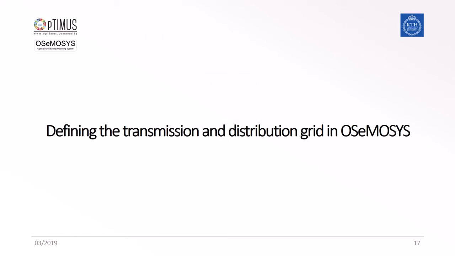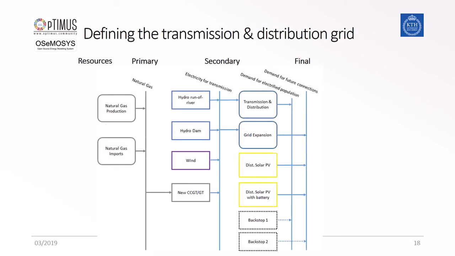Now we will look at the transmission and distribution grid in OSeMOSYS. The transmission and distribution system is located after the central power plants in the reference energy system. The transmission system is for the high voltage lines over the long distance, and the distribution system is the final distribution to the consumer.